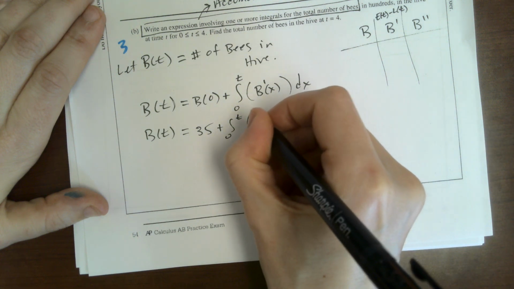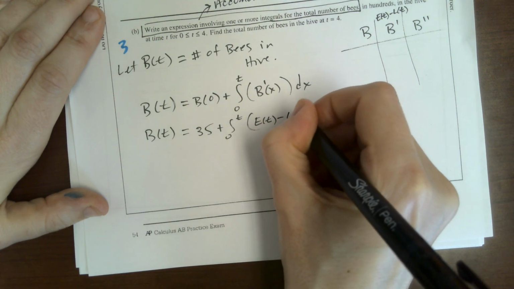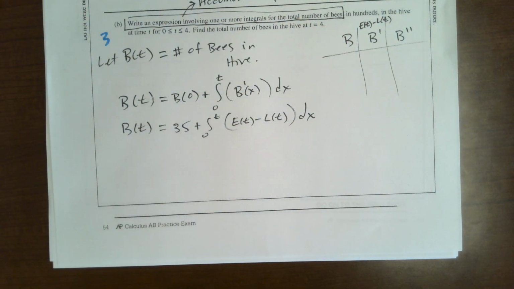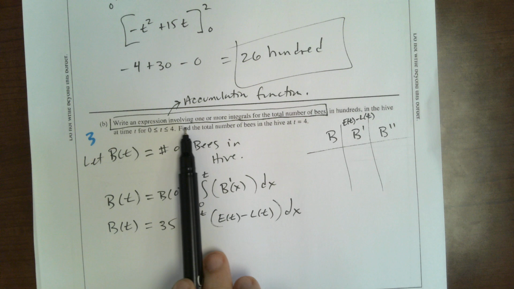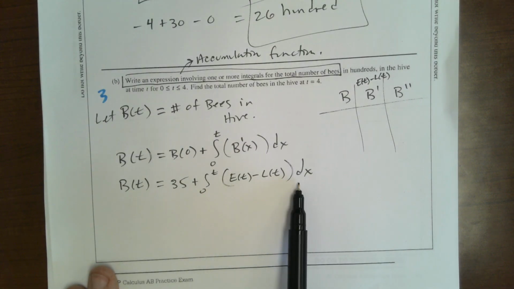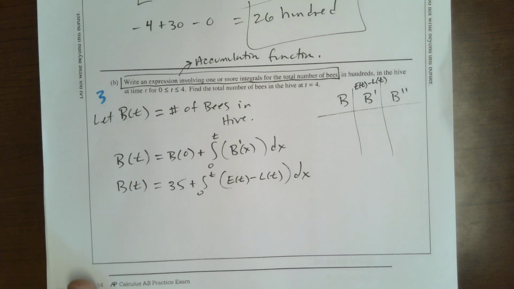And now I'll just tell my reader that. Okay, so guys, this is the first part. Write an expression involving one or more integrals for the total number of bees, and this is it. This would give the total number of bees in hundreds at any time t that you want.